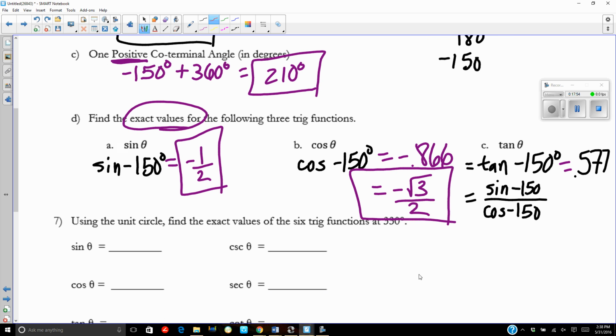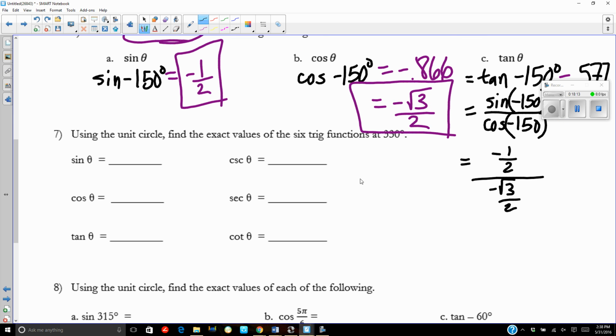Well, we've already found those two values, the sine of negative 150. We got negative 1/2. And the cosine of negative 150, we got negative radical 3 over 2. Multiply by the reciprocal.